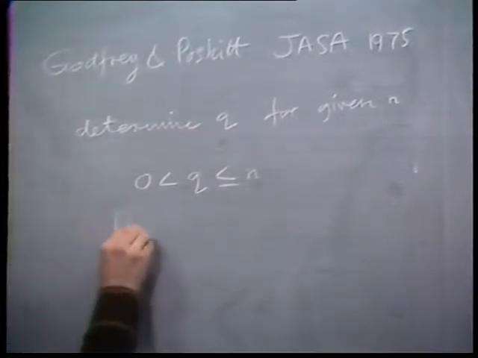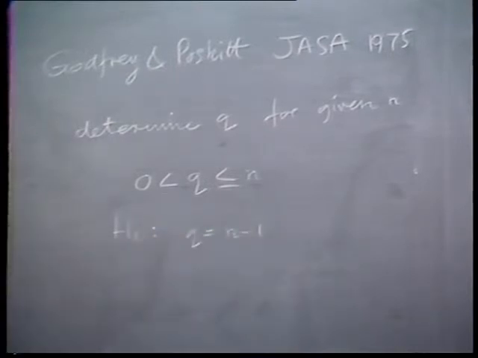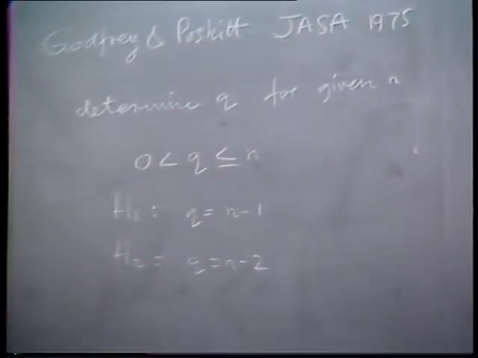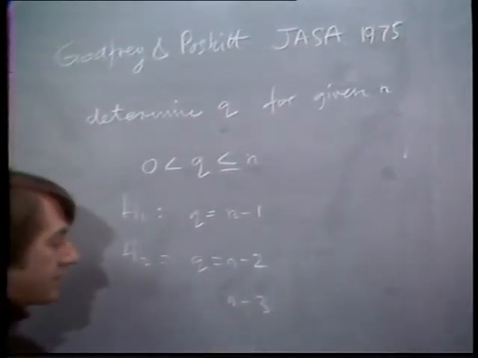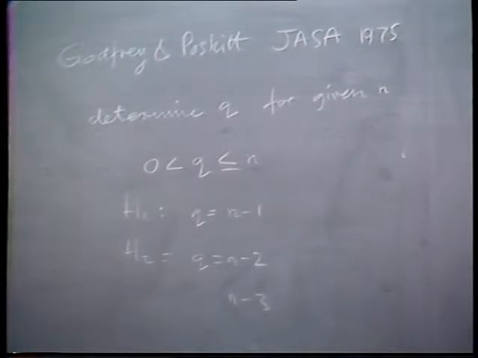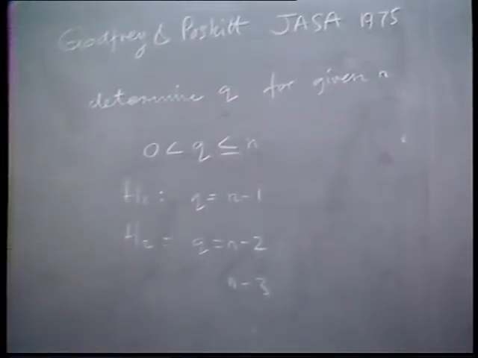And if we consider the hypothesis H1, that q is equal to n minus 1, that is the first restriction. And then the hypothesis q is equal to n minus 2, n minus 3, and so on. Those hypotheses are now uniquely ordered, so that you can apply the sequential testing procedure.